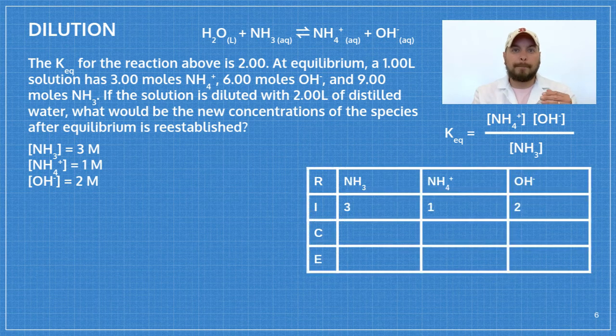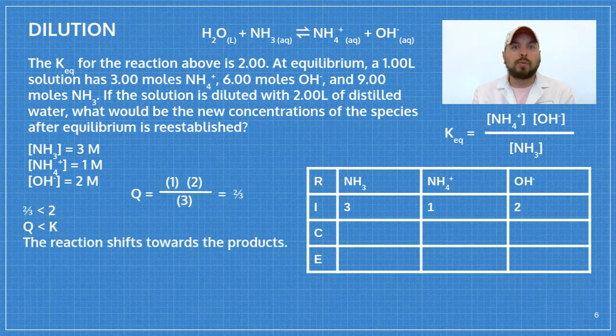Now, by doing this dilution, we have affected our equilibrium. So I'm going to look for Q. When I plug these values in to find my Q, I realize that Q is going to be less than K. This means the entire reaction is going to shift to the right to reach its equilibrium again.